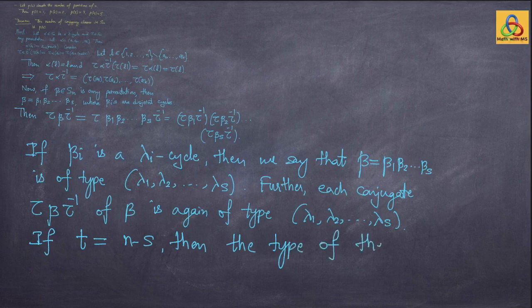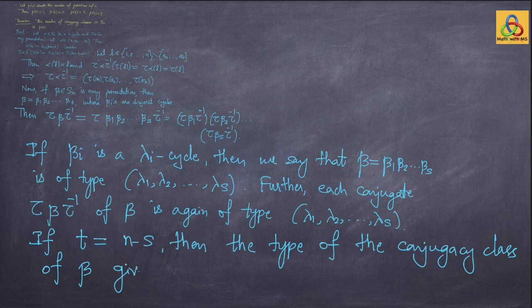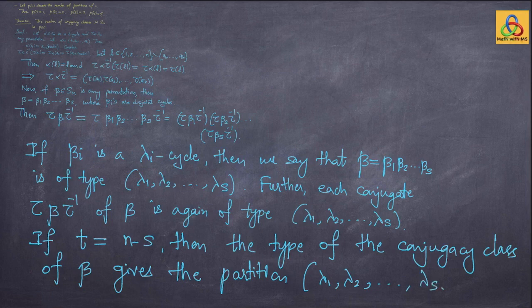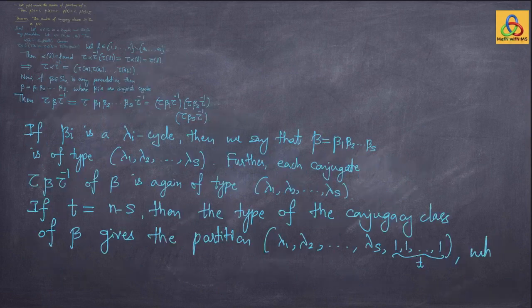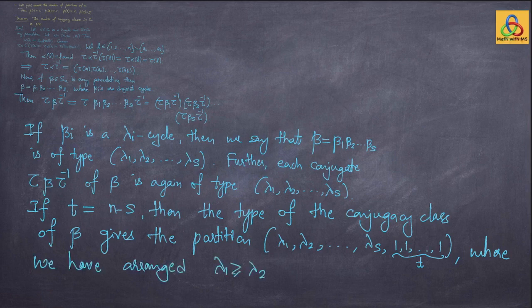So if t equals n minus s, then the type of the conjugacy class of beta gives the partition lambda 1, lambda 2, and so on lambda s, and then you can write 1, 1, and so on 1 precisely t times, where we have arranged lambda 1 bigger than or equal to lambda 2 bigger than or equal to so on bigger than or equal to lambda s, bigger than or equal to 1.